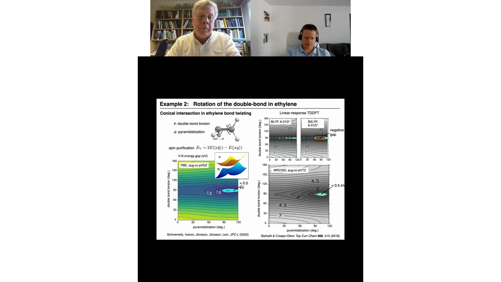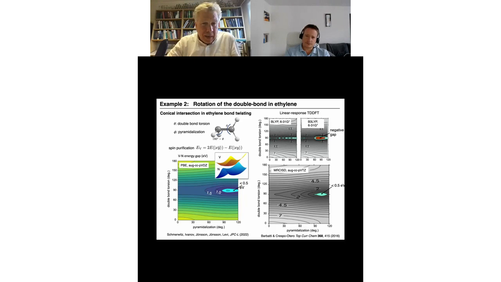But here's an example, where we calculate the conical intersection of the ground state and one of the excited states, and you can see that while linear response time-dependent DFT gives you a qualitatively wrong description, even with hybrid functionals, we can, with simply a PBE functional, a generalized gradient approximation, get a very good description of the conical intersection compared with multi-reference CISD calculation.